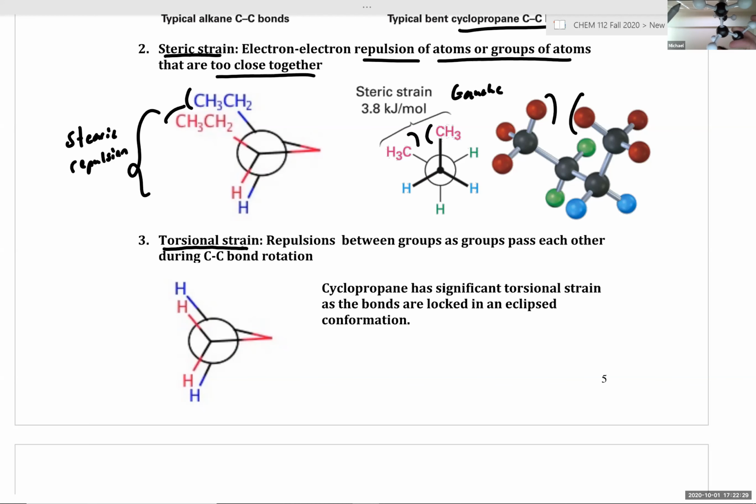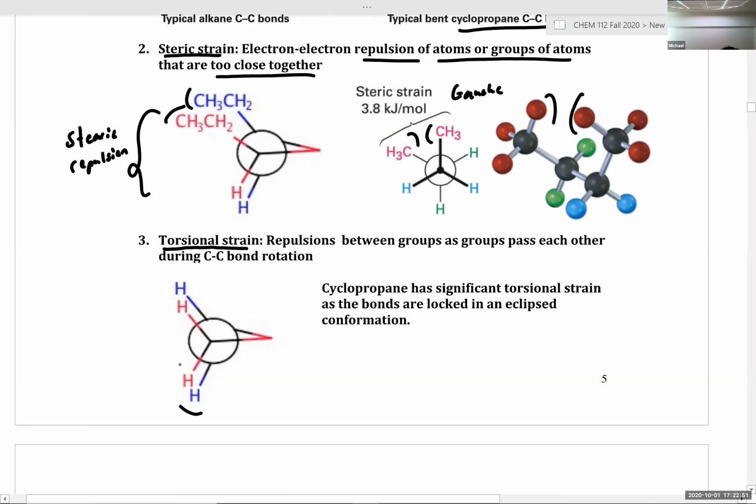Looking at our two hydrogens here and here, are they staggered or eclipsed? Is there a large or small dihedral angle separating them? What does everyone think? They're eclipsed, exactly right.